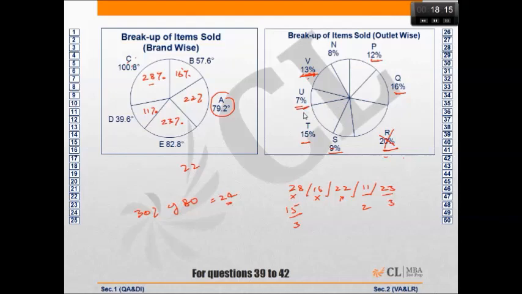If I look at the highest, I want the minimum percentage here. If this 20 is ruled out, then 16 is the highest. So if I move this 16 also, 80 minus 16 is 64.